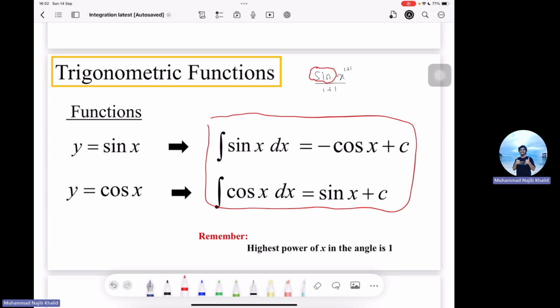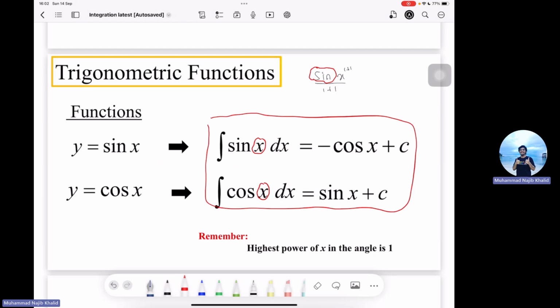Okay, but in this level of course, we have one restriction: the angle x in trigo must be linear, or we can say that the highest power of x is 1, not 2, not minus 1, but 1. We cannot solve other than that.